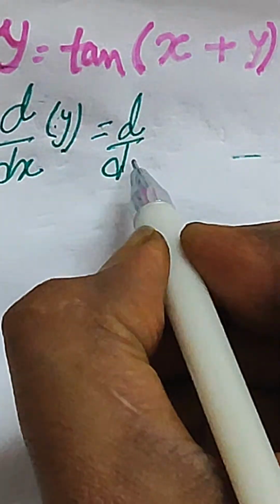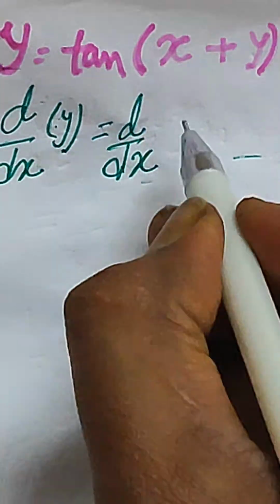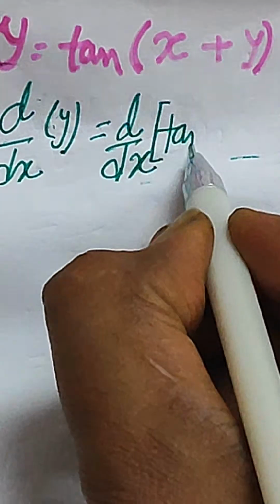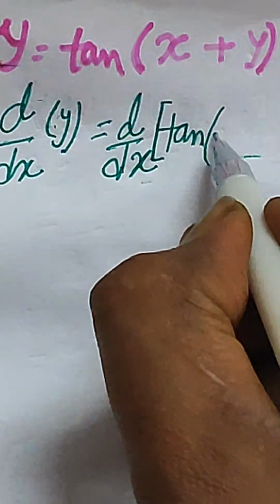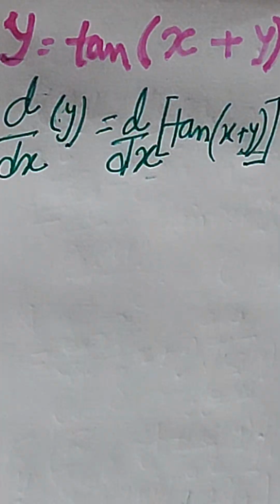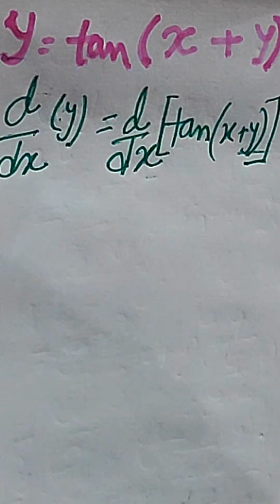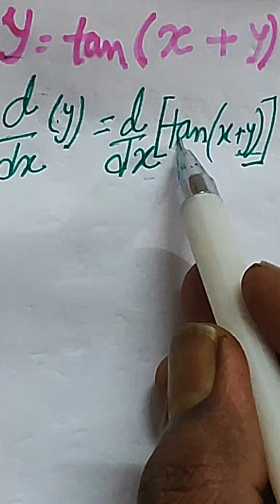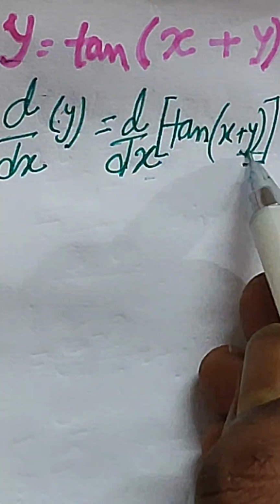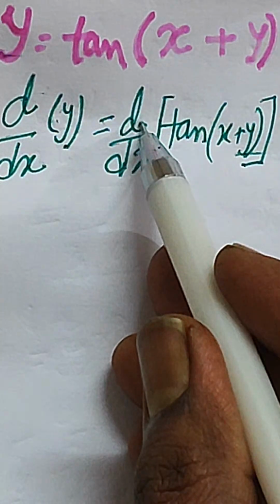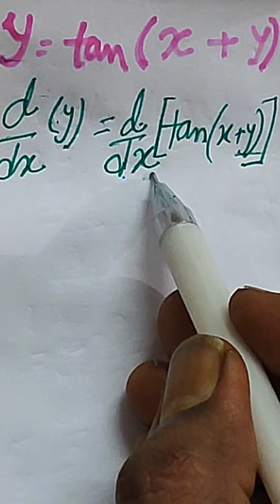So on the RHS also it will be applied to tan of x plus y. But to differentiate this, you can see the tangent of x plus y is given to you, and we are going to differentiate it with respect to x.